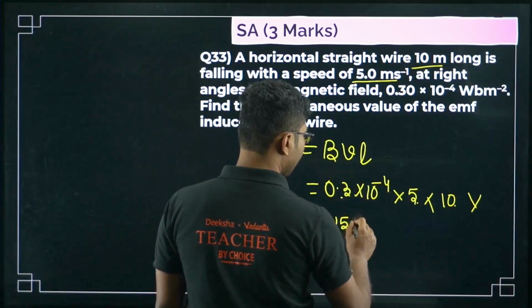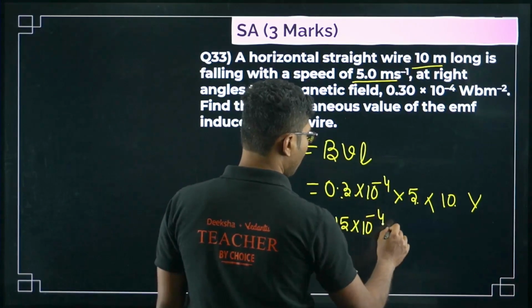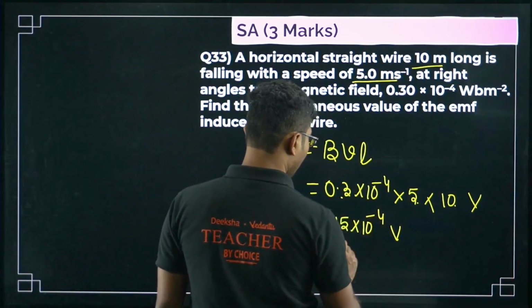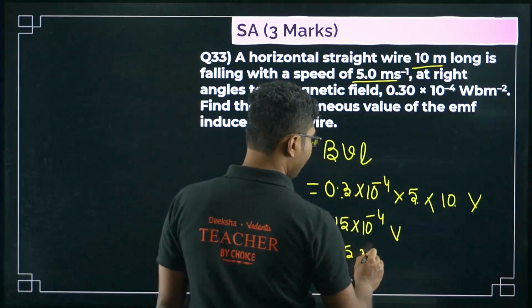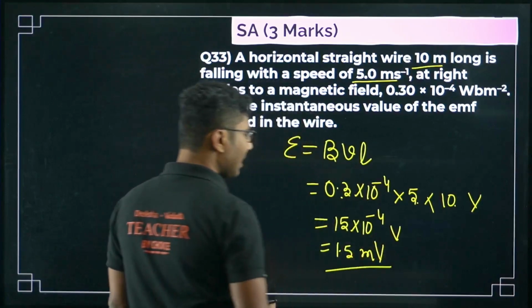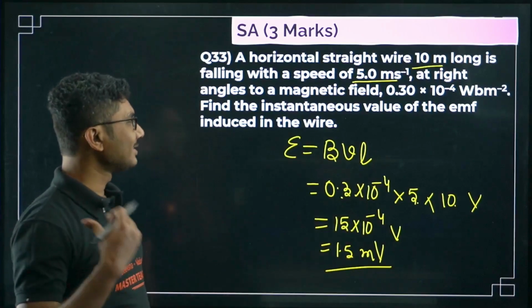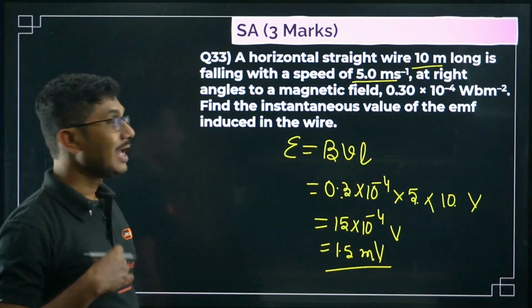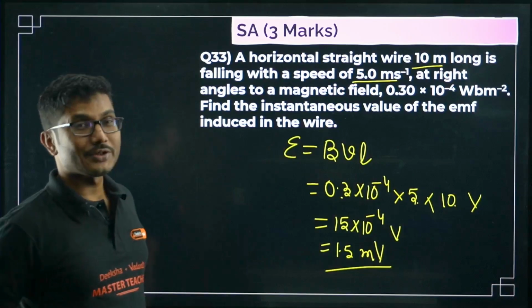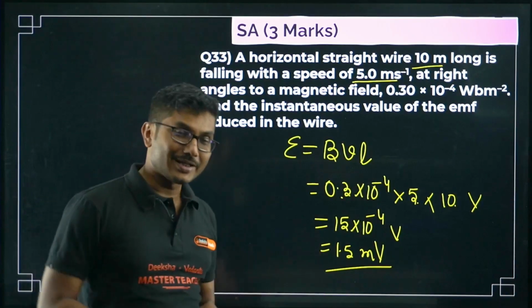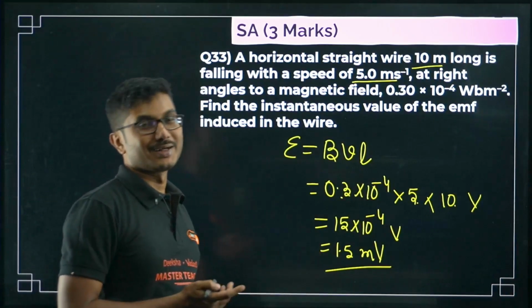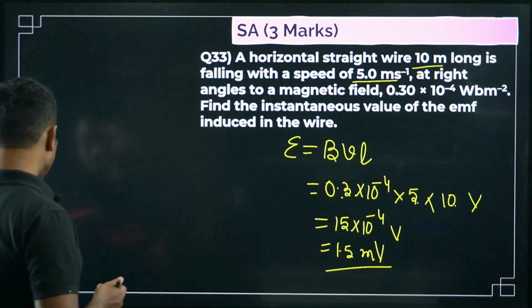So 15 into 10 to the power of minus 4 volt, or 1.5 millivolt. This is a fancy answer, but you can keep the answer at this line also, you will get full marks. It's just a one-liner question, and just for knowing the equation and having the courage to solve such questions, you are getting 3 marks, right? So these are the easiest questions.